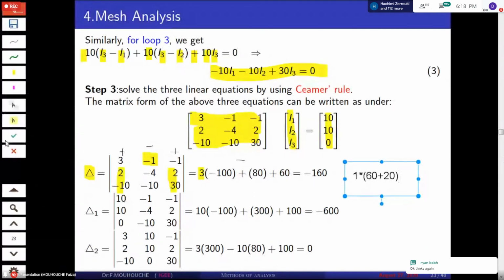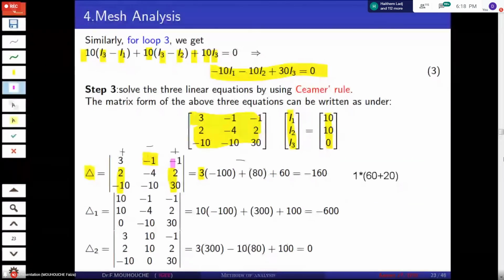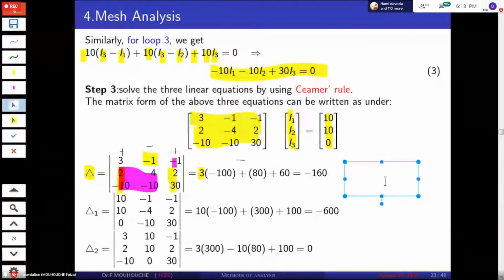Then now we go to the last one, this one. Here we have -1 multiplied by -20 -40, so 60 plus 60.